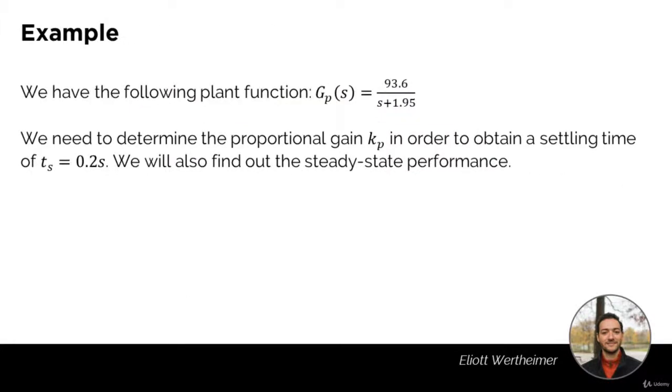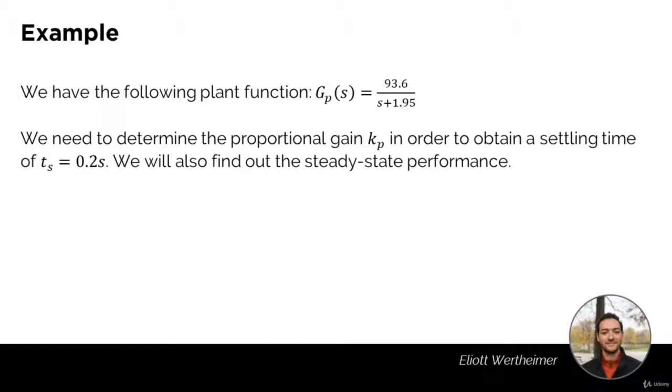Again, there is no better way to understand engineering concepts than to use them in examples. So here we're going to have an example of how we can use proportional control. We have the following plant function: Gp(s) equals 93.6 divided by s plus 1.95. It's actually quite a simple transfer function with only one pole.